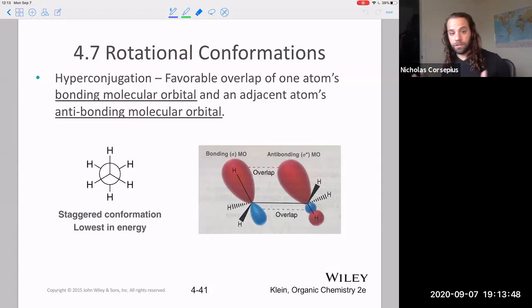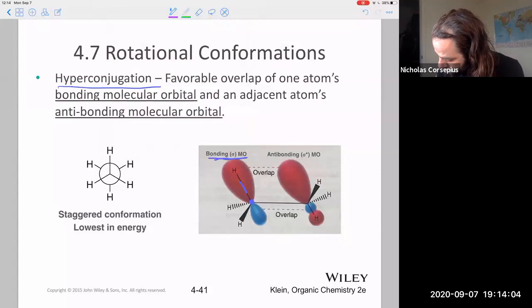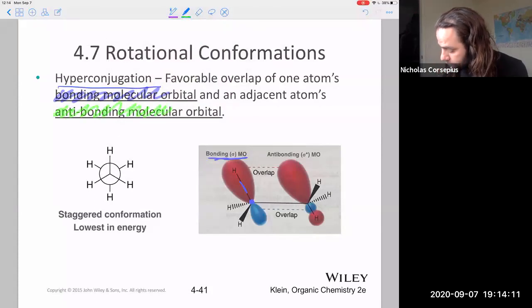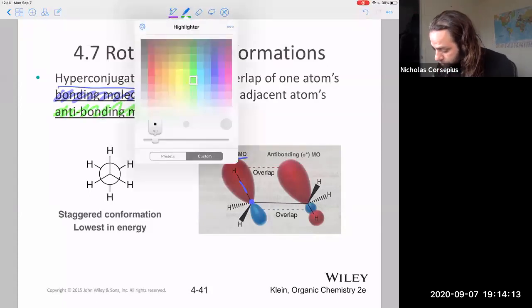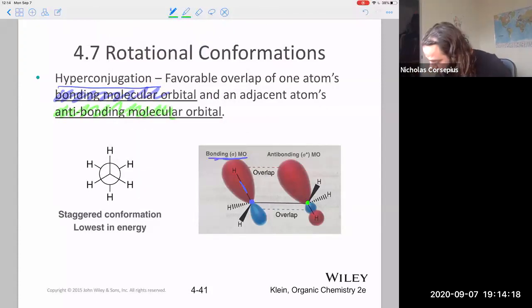It turns out that there's this weird phenomenon called hyperconjugation, where the bonding molecular orbital of one atom, so this carbon-hydrogen bonding orbital here, and the anti-bonding molecular orbital of the adjacent carbon, so now I'm talking about this carbon here, and this is its anti-bonding orbital.